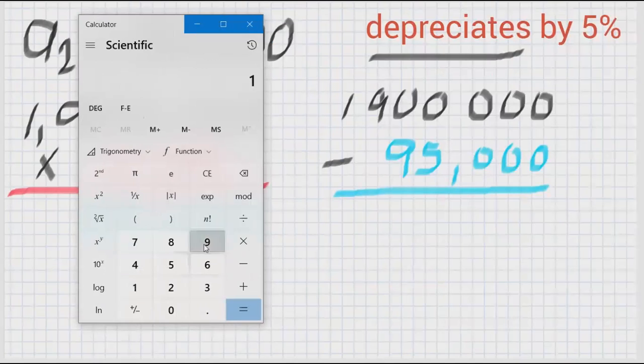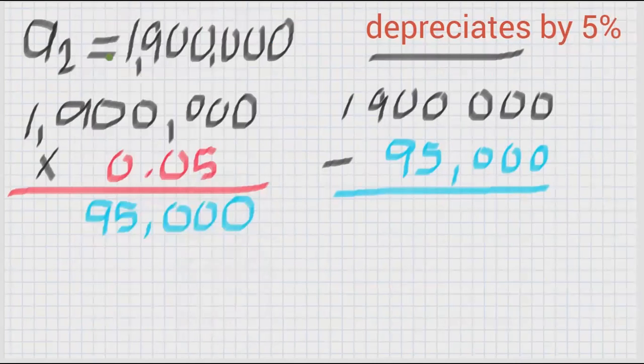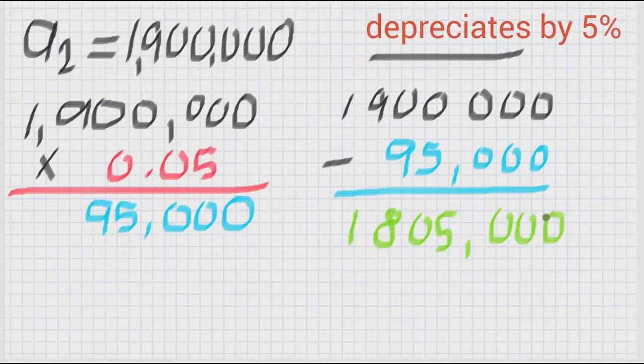So 1.9 million, be careful with the zeros, minus 95,000 is 1,805,000. Let's use a different color so that we will be able to identify. Now we already have the third term of our sequence.